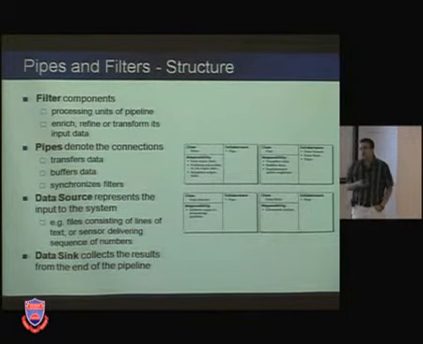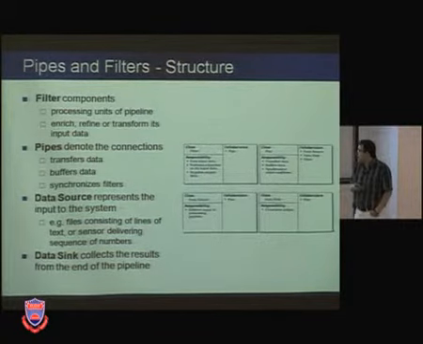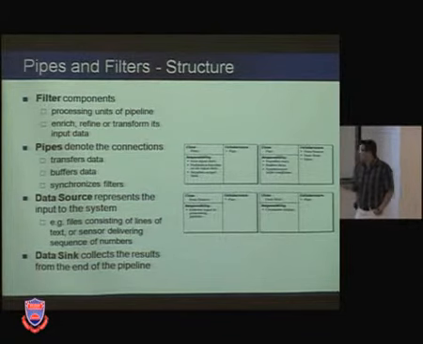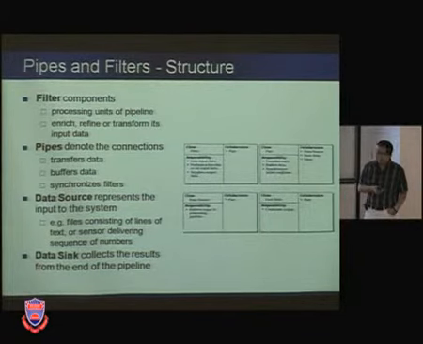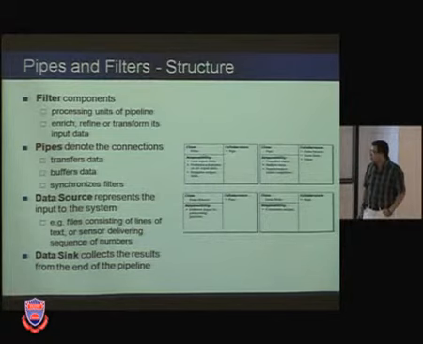For example, a file consisting of lines of text or a sensor delivering a sequence of numbers. Okay, the data source, where does the data come from? And the data sink is the node that collects the results from the end of the pipeline.